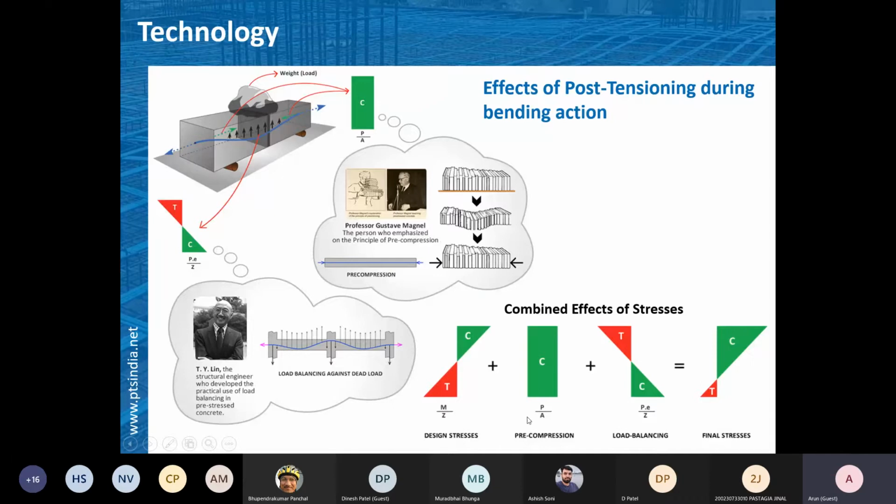Then this is the precompression effect, and this is the load balancing effect, which will be almost in reverse direction, nullifying both of these. The overall scenario would be something like this. Here, it would be more of C and less of T, right?